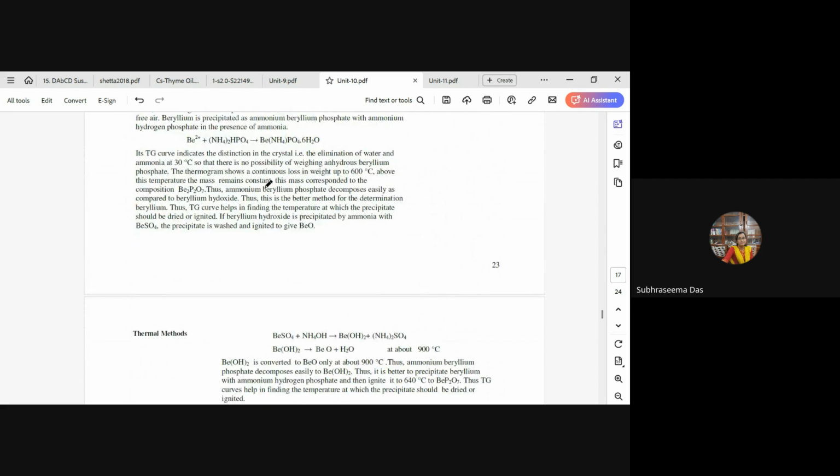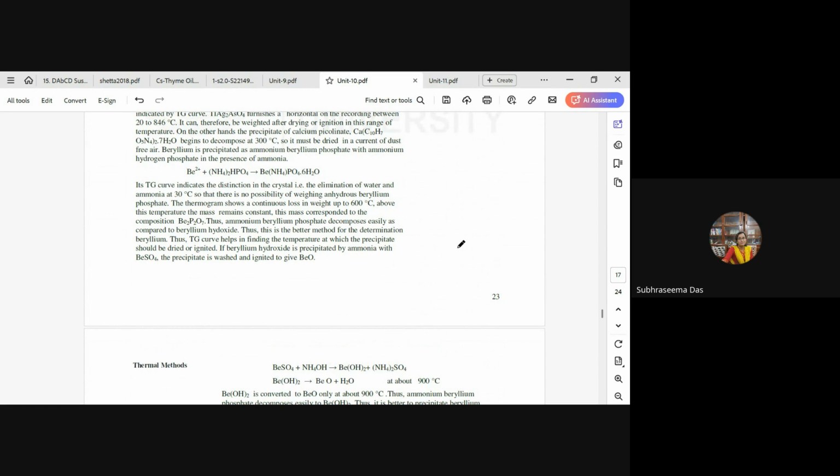The TGA curve also indicates the distinction in the crystal, that is, the elimination of water and ammonia at 30 degrees centigrade. So there is no possibility of weighing anhydrous beryllium phosphate. Thus, ammonium beryllium phosphate decomposes easily when compared to beryllium hydroxide.